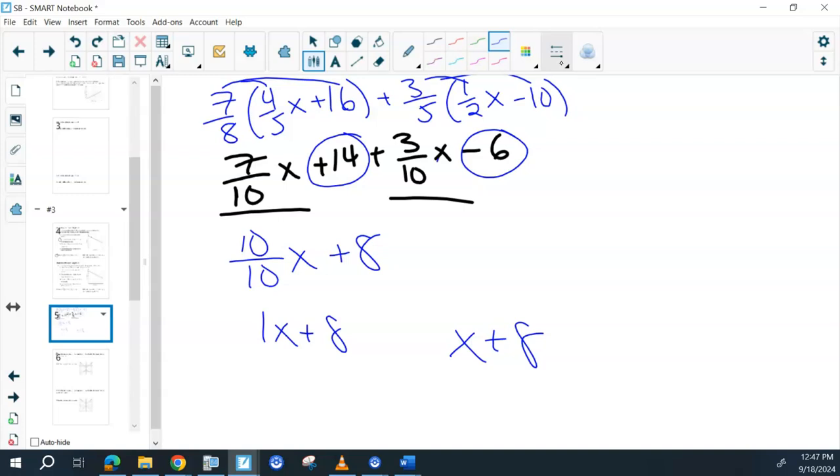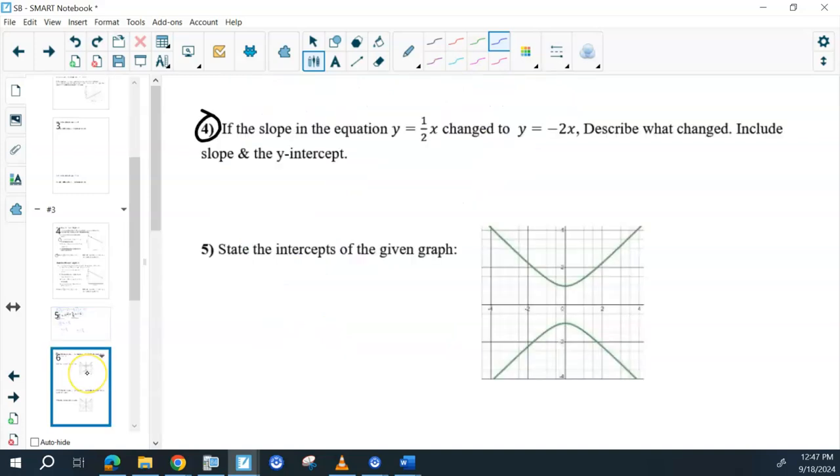So then moving on to number 4. For number 4, it tells us the slope in the equation y equals 1/2 x was changed to y equals negative 2x. We have to describe what changed and include both the slope and the y-intercept. So here I see the slope was changed and 2 things happened.